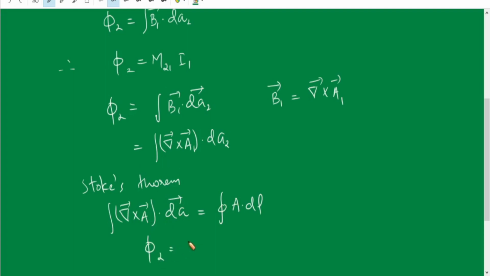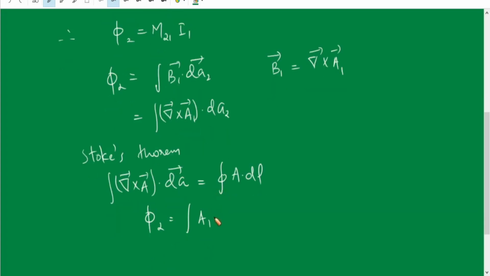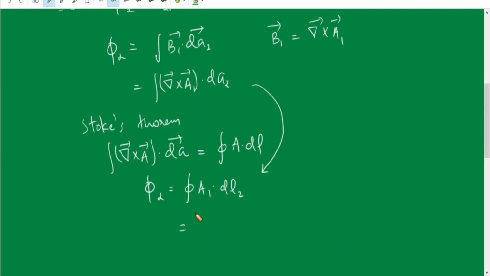Phi 2 is equal to the integral of del cross A1 dot dA2, which becomes the closed integral of A1 dot dl2 over L2, by Stokes theorem.